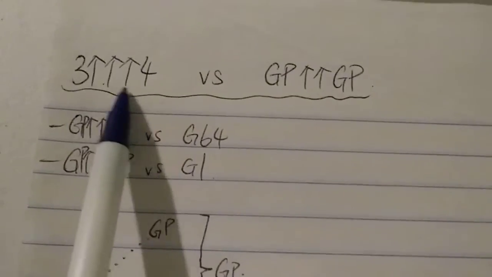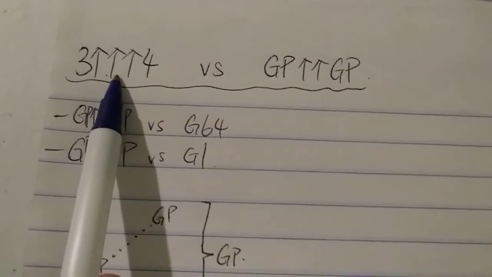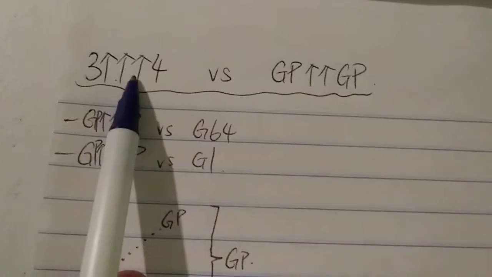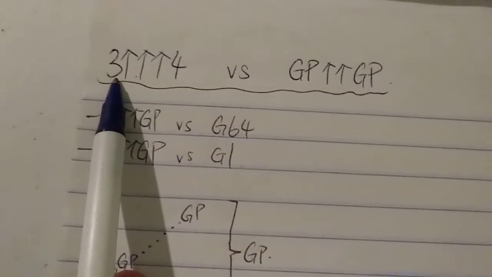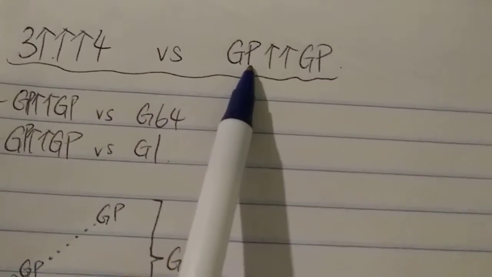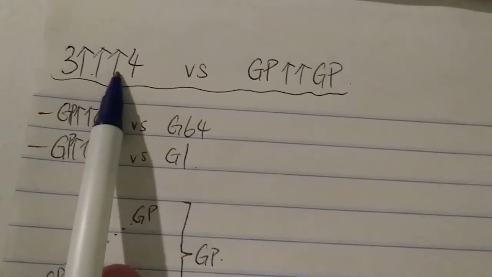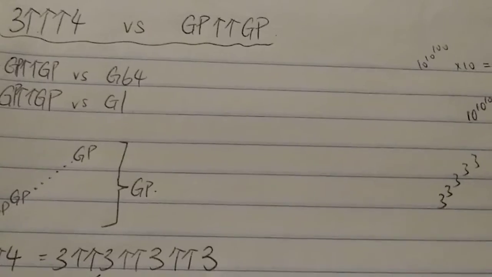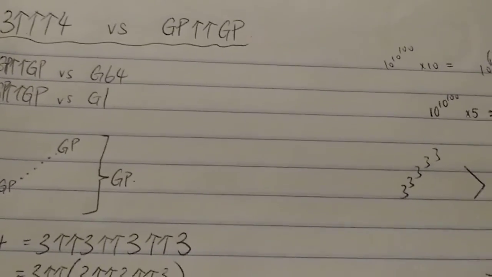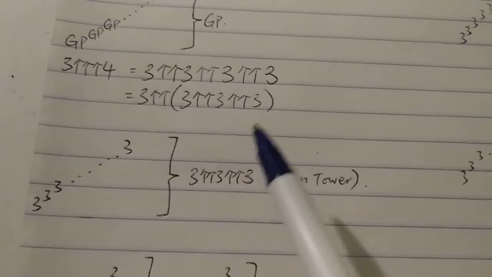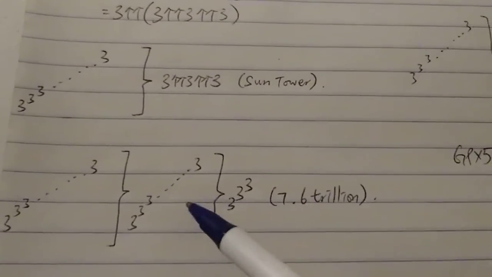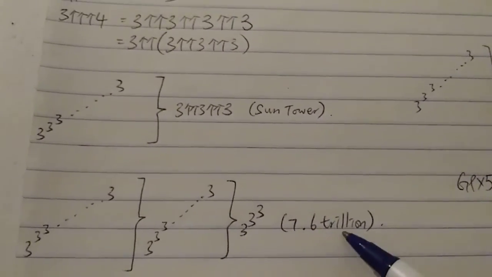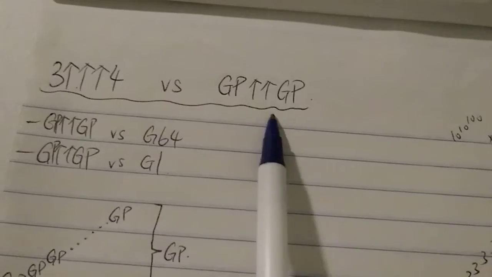But I think basically this is the smallest up-arrow notation with 3 that is bigger than this thing over here, because 3 triple arrow 3 is actually way smaller than Googolplex double arrow Googolplex, because as you can see, the Sun Tower is just this one over here with 7.6 trillion 3s, so of course it's way smaller than this.